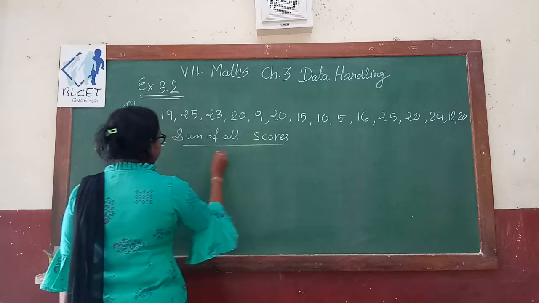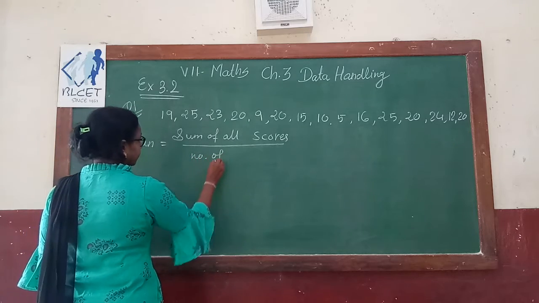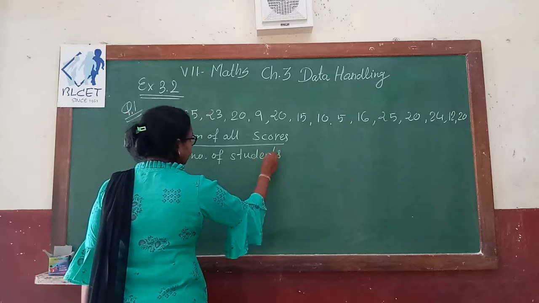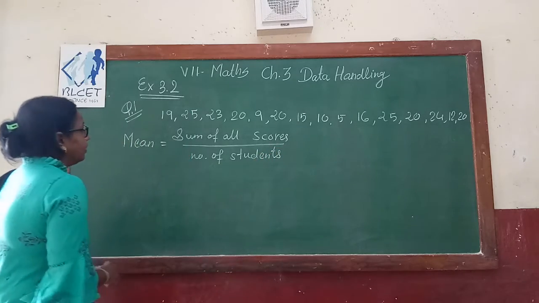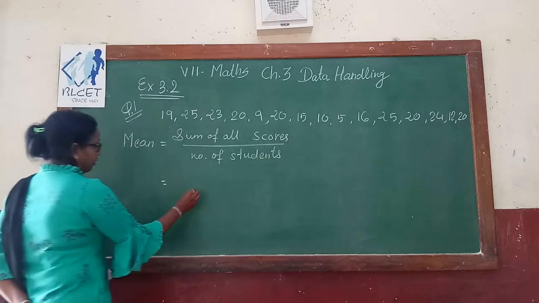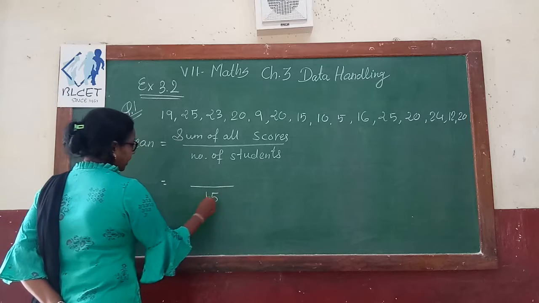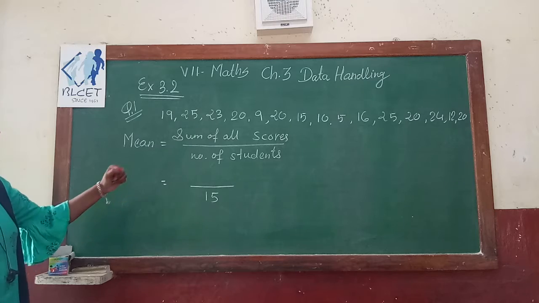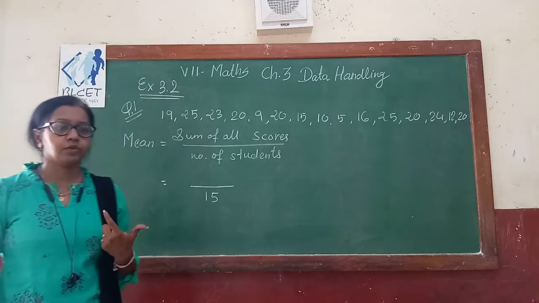And here we have been given the number of students, right? So the number of students is 15. Now we do the sum of all the scores.